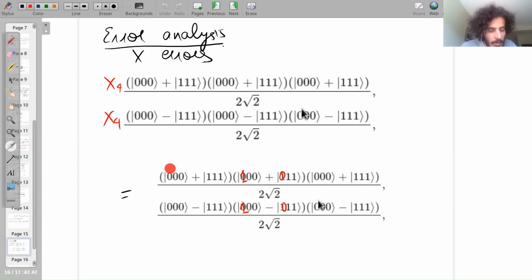In this example of x4 error, 0 is equal to 0, 1 is equal to 1, 0 is equal to 0, 1 equals 1, right? So the first 2 qubits are the same. Then I'll ask, is the second and the third qubit the same? Again, in this block of 4, in all the terms, the second and the third qubit are the same. So in all of those cases, my syndrome will still be 0, because I'm getting the same value.